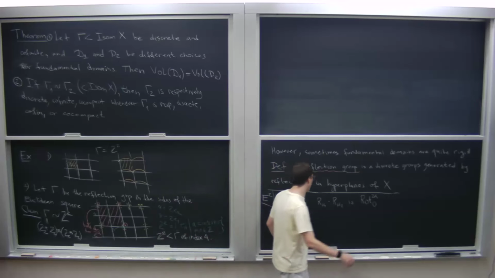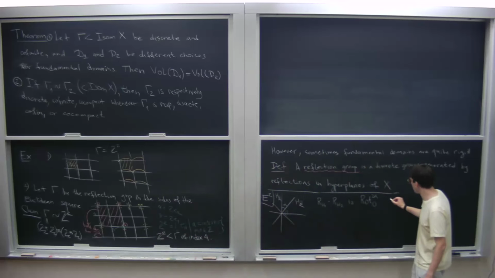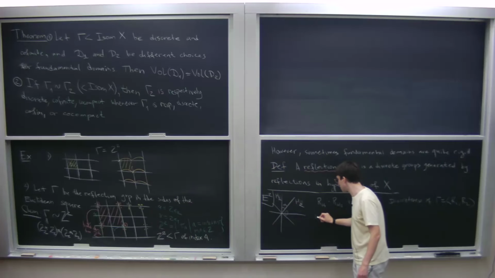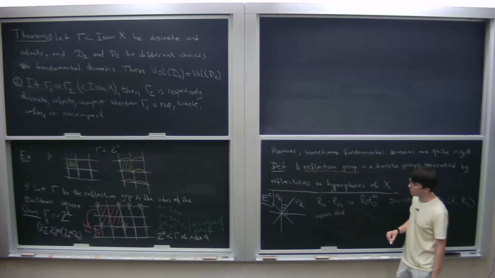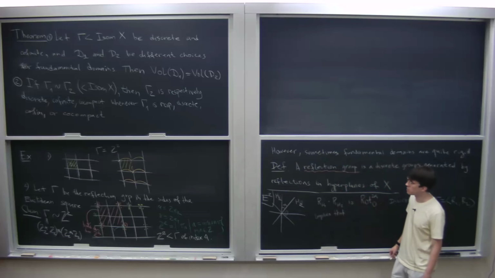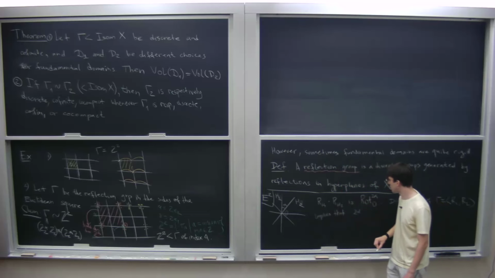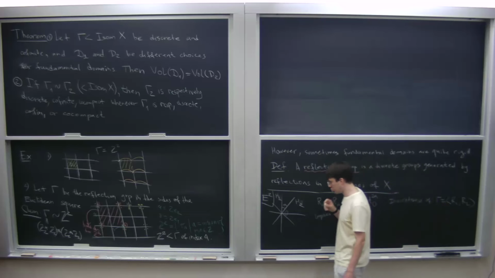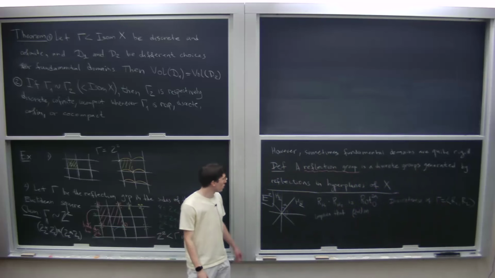So discreteness of gamma generated by these two reflections implies that 2 alpha multiplied by some number m should give me 2 pi.